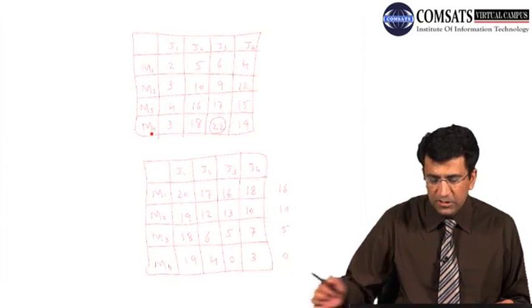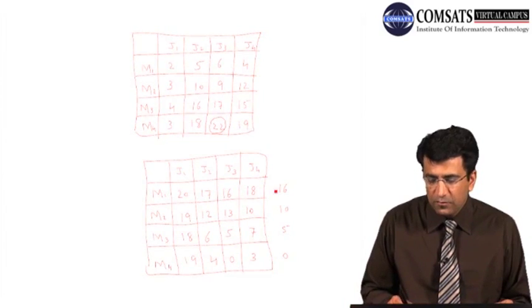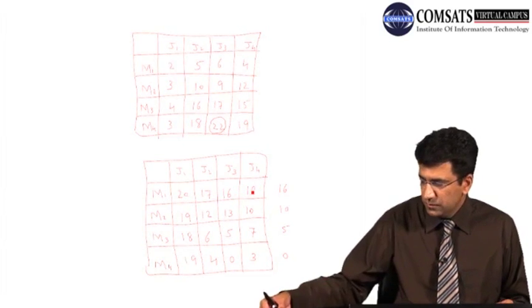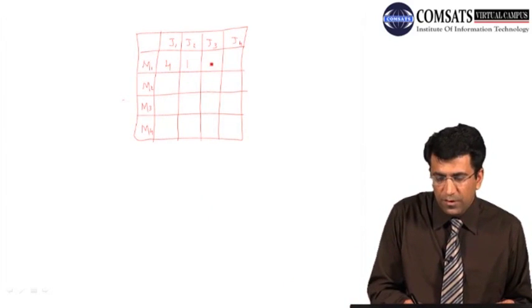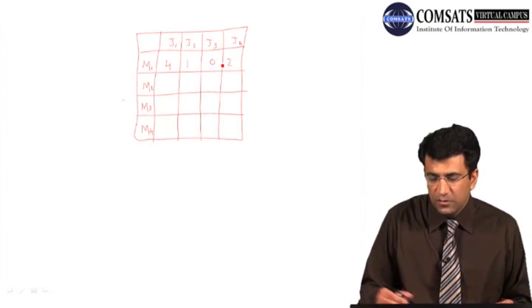Now class, let's see the previous table, where we'll have to subtract this 16 from all the values. So 20 minus 16, it will become 4, then 1, 0, 2. So it will become 4, 1, 0, 2. This is our new first row.